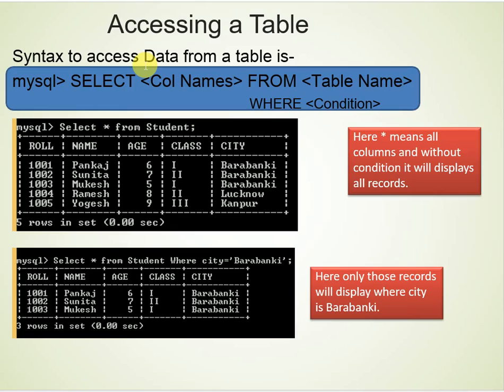It will display only those records whose city is Barabanki. It will show only 3 records. So like this, you can retrieve specific information using a condition or some specific criteria.